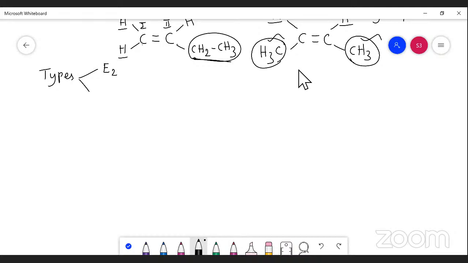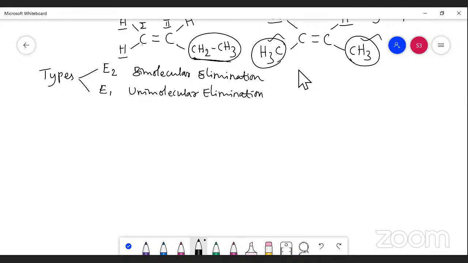One is E2, that is bimolecular elimination. And another one is E1, that is unimolecular elimination. First one is E2 and second one is E1.